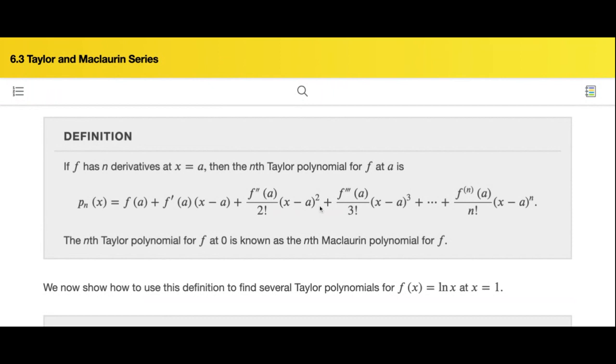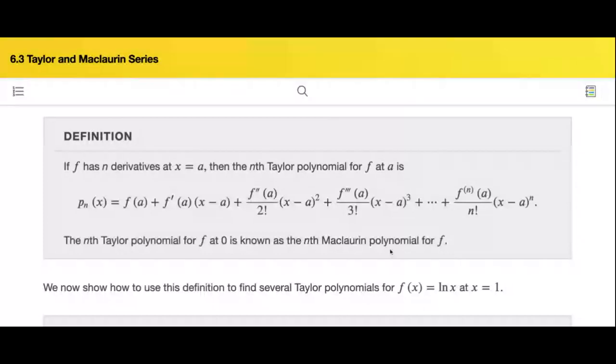For this book, the homework is just to do linear approximations, so linear or first order Taylor polynomial, or second order or quadratic Taylor polynomial. That means just go to the first 3 terms. Linear, first 2 terms. Quadratic, first 3 terms, or second order, and so on and so forth.